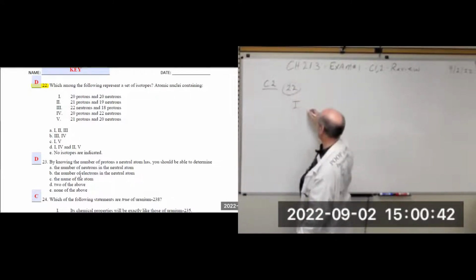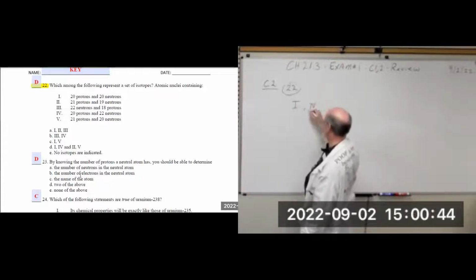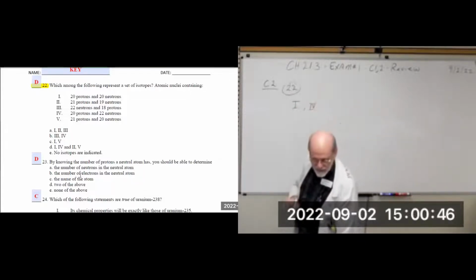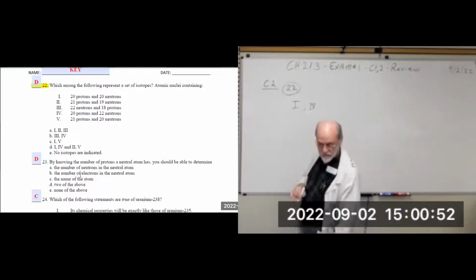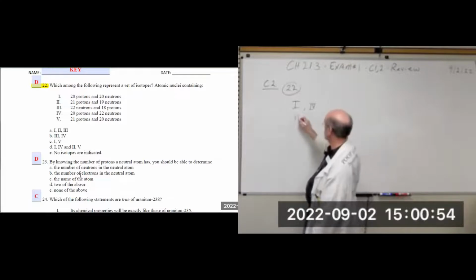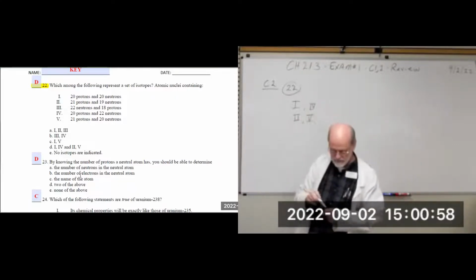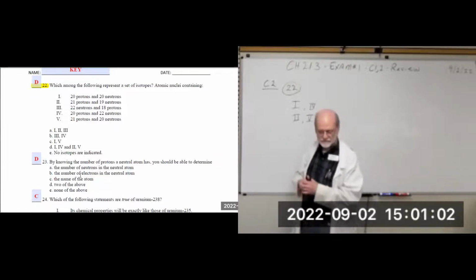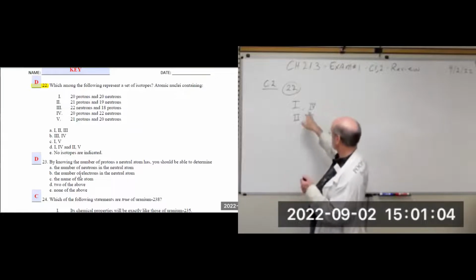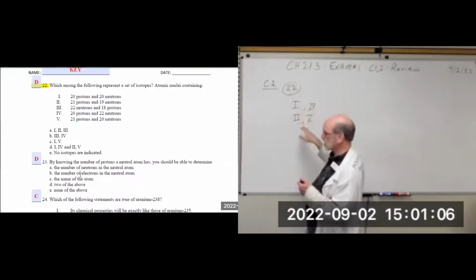So these are isotopes. 21, 2 and 5. They've got the same number of protons and different neutrons. And then 3 doesn't have a match, so throw 3 out. So 1 and 4 and 2 and 5.